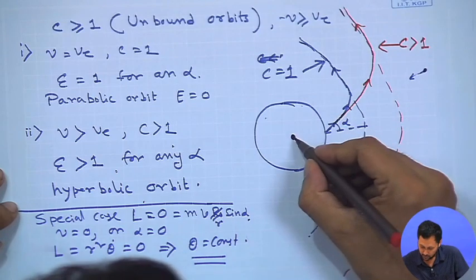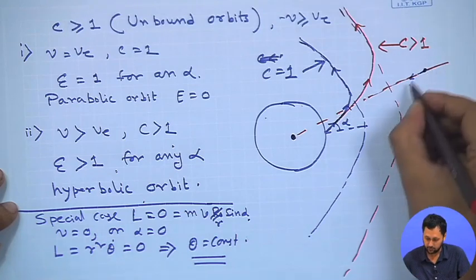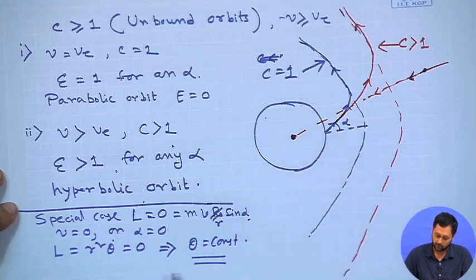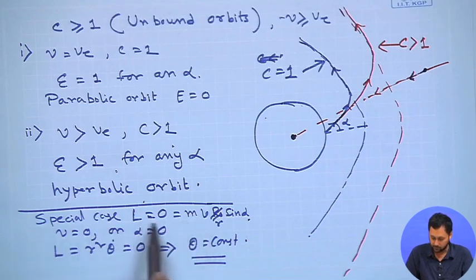Essentially it will travel along the straight line which connects this point and the force center, a straight line where theta will be equal to constant. So, this is a special case, a motion with L equal to 0.